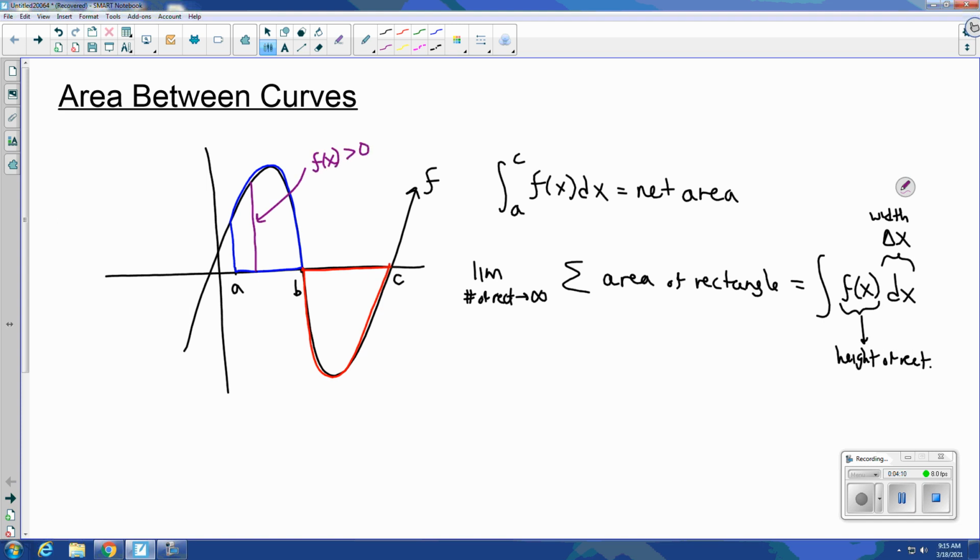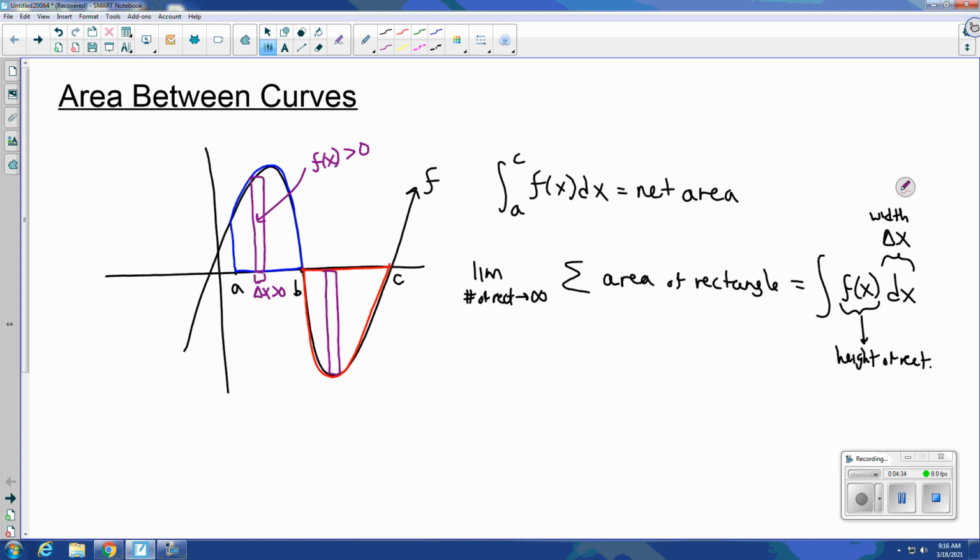It's positive. And if the width of our rectangle is greater than 0, well, then we're going to have positive areas for each rectangle. So in sum total, over a region of space where the function is above the x-axis, that area will be positive.